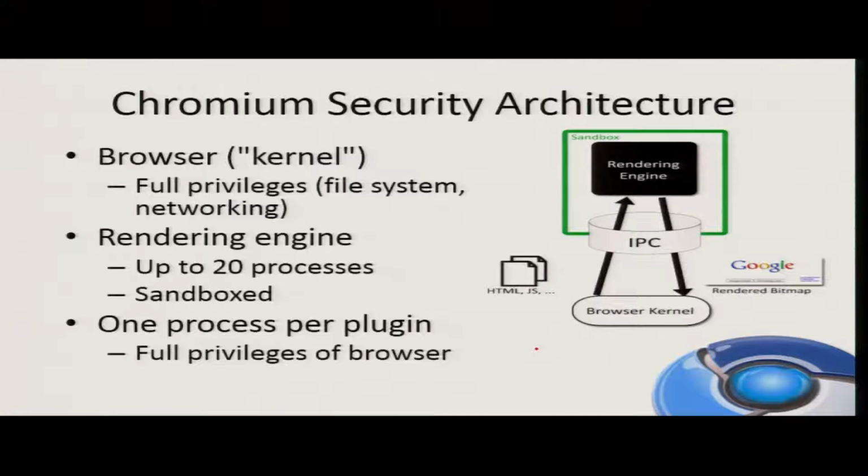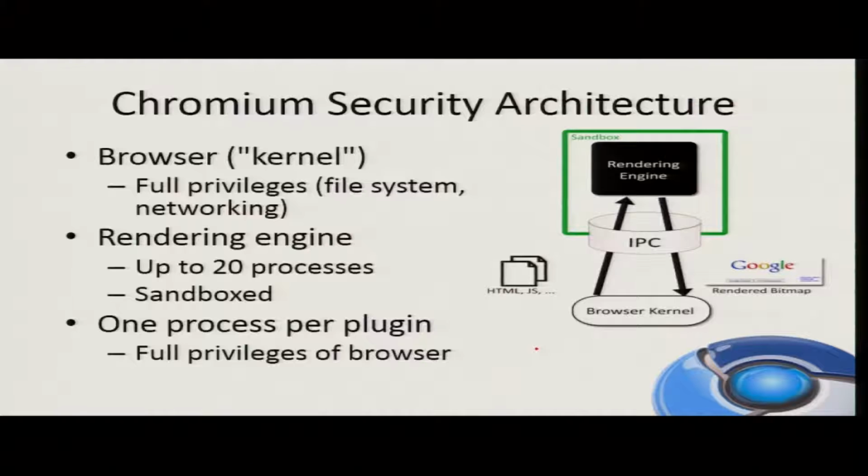Now the Chromium security architecture comes from Google, and it has become a kind of standard architecture. You have a browser kernel, and the browser kernel has full privileges to access your file system, your network sockets and so on.